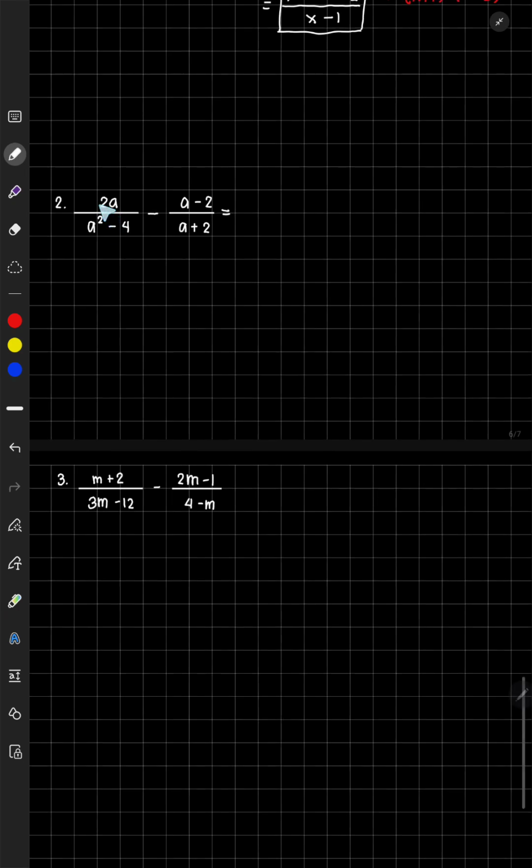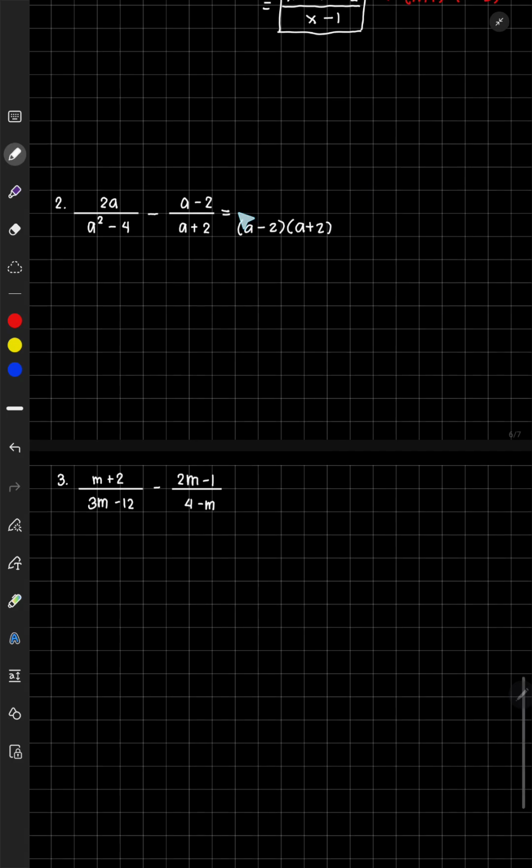For a squared minus 4, we have a minus 2 multiplied by a plus 2. So for the numerator, that is 2a. Then minus, since there's no factor for this one, for simplification, that would be a plus 2.